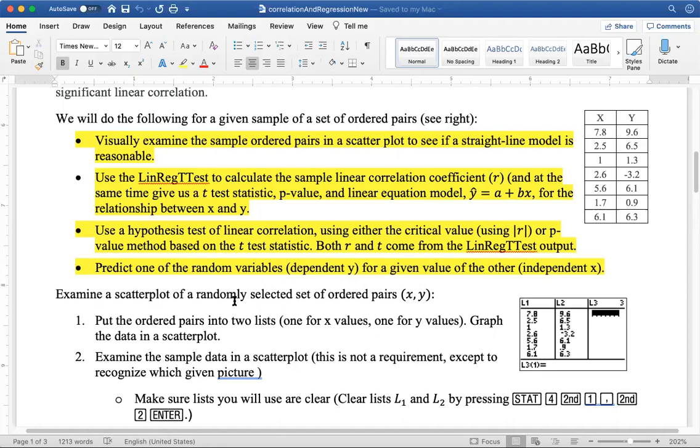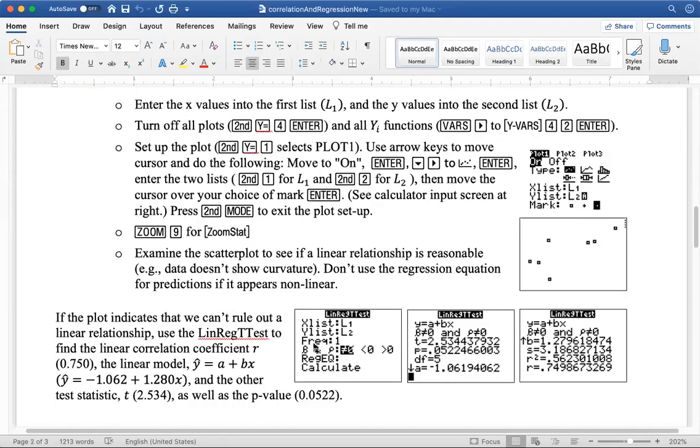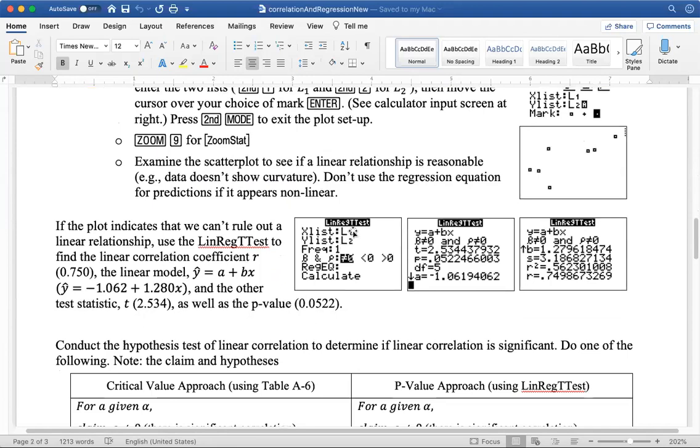Okay, so let's take a peek at what we would do for the Lin-Reg t-test. It's a test, just like t-test and one-prop z-test, etc. It's in stat tests. So we're going to tell it the information.